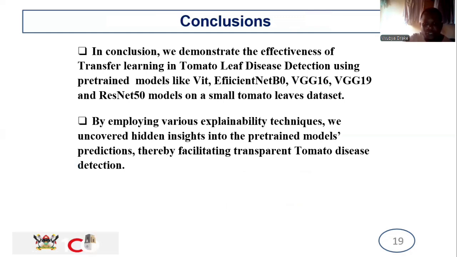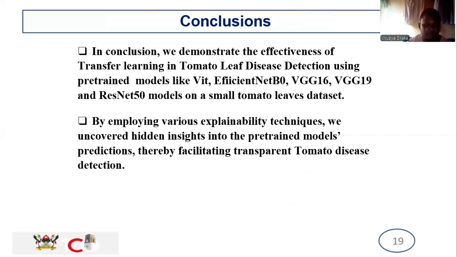So in conclusion, we have demonstrated the effectiveness of transfer learning for tomato leaf detection on a small data set. We used models like Vision Transformer, EfficientNet, and others, then employed various explainable techniques to uncover hidden insights into the pre-trained models' predictions, thereby facilitating transparent disease detection.